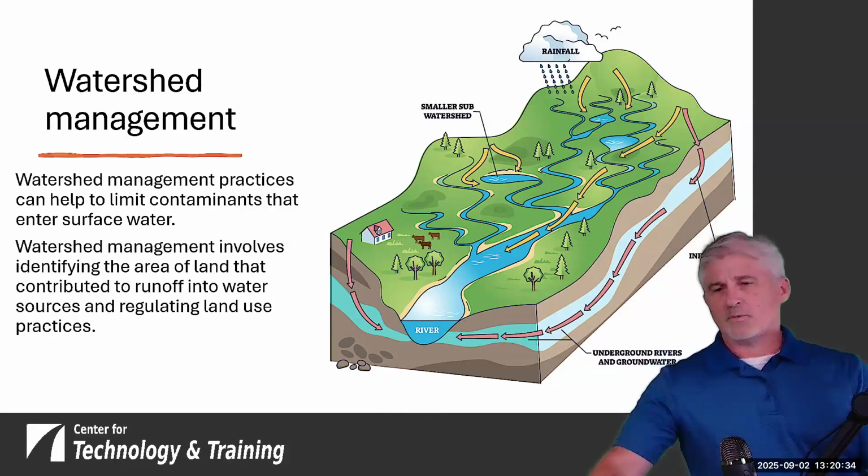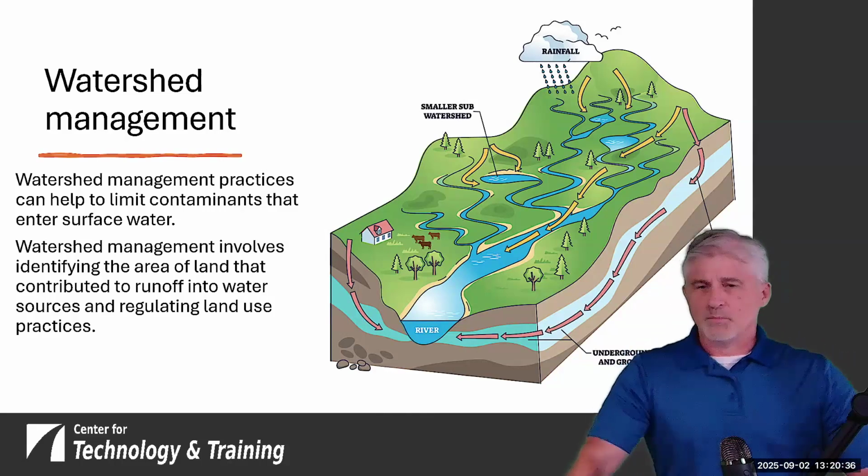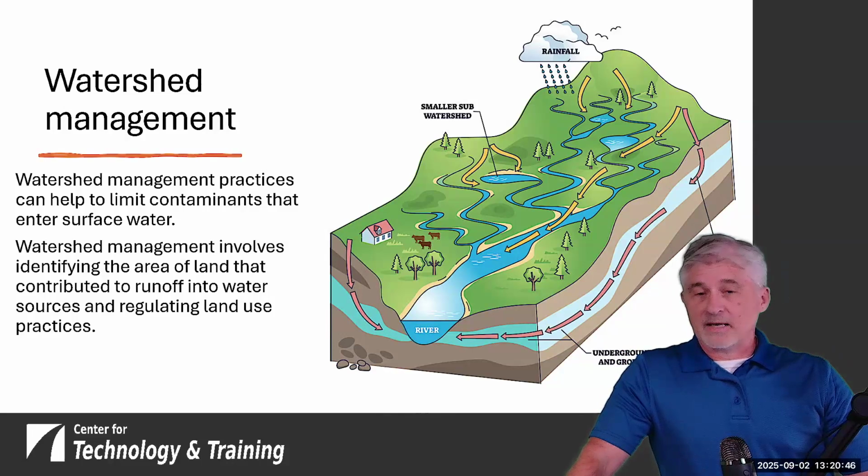The Safe Drinking Water Act takes a barrier approach. So the idea is that we're going to do a bunch of little things that hopefully result in the best quality and the safest water that we can provide. And this is the first way that we can go about that.